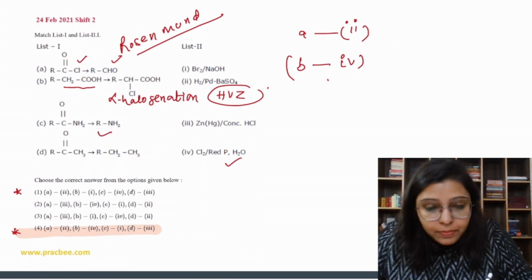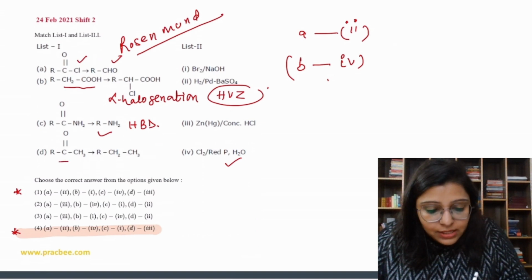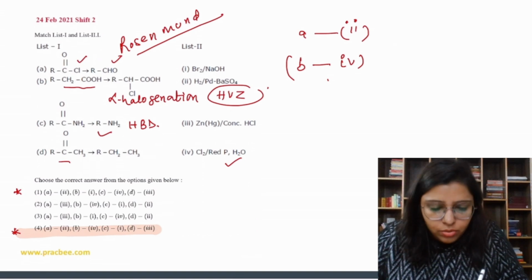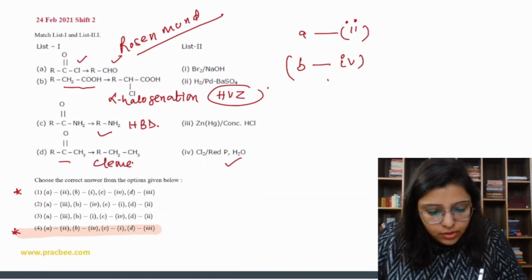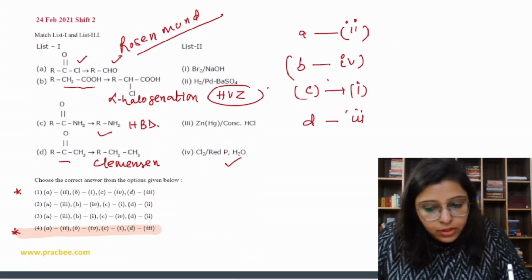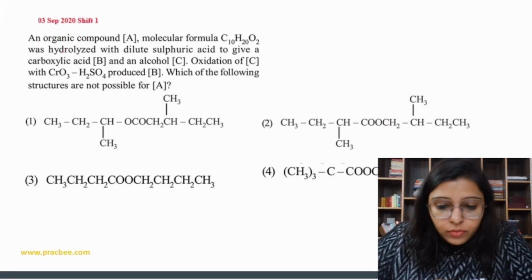Now this is an amide, and amides are converted to amines, so this is Hofmann bromamide degradation. And RCOCH3, a carbonyl compound, is converted to an alkane, which happens in the Clemmensen reduction. Okay, so C can be matched with first and D can be matched with third. Clear? Now let's do the next question.